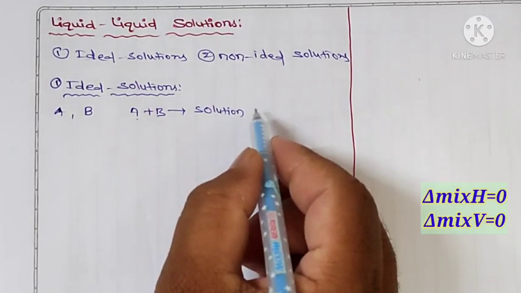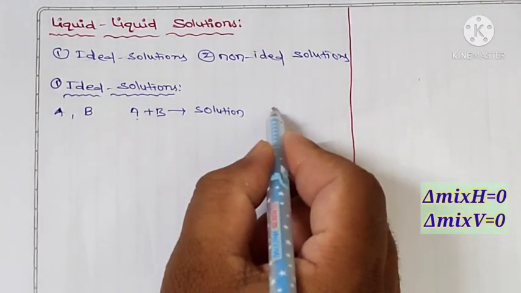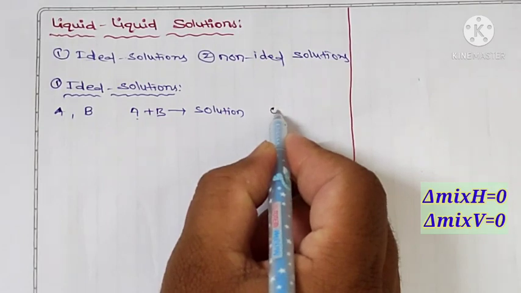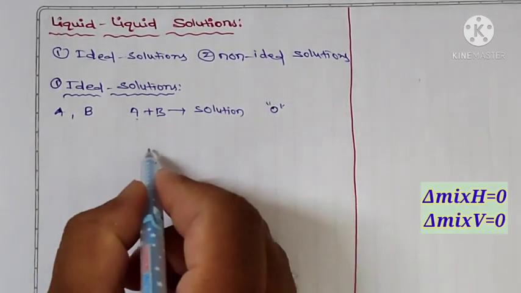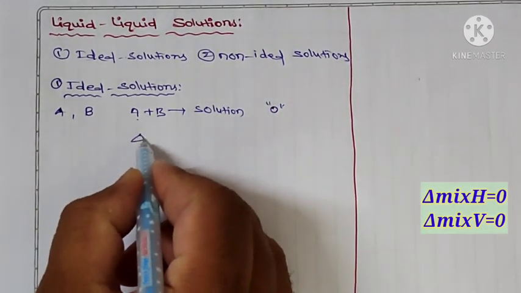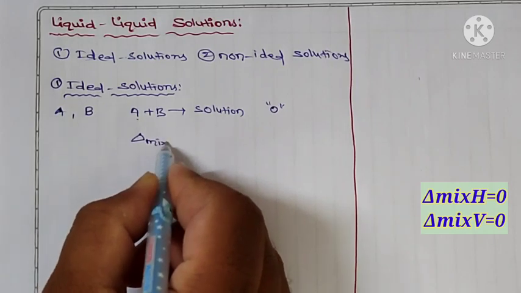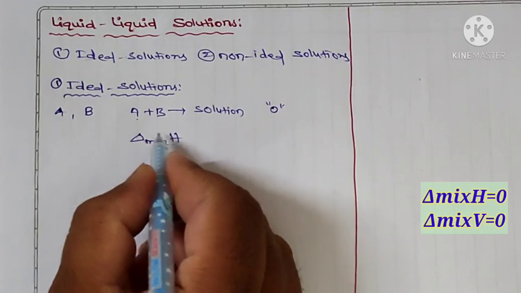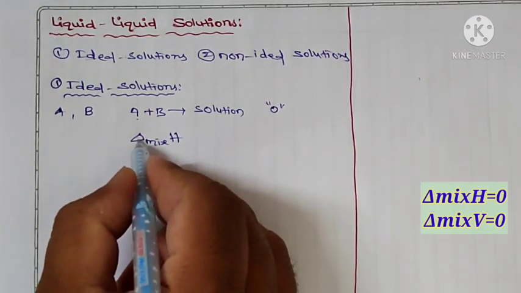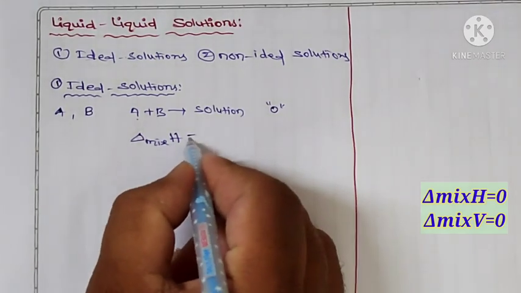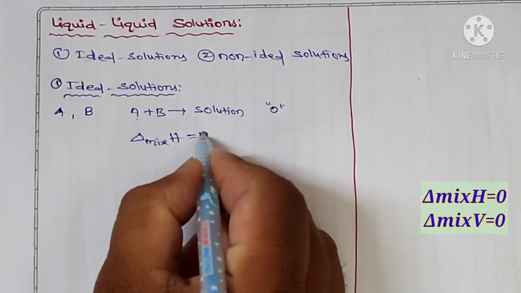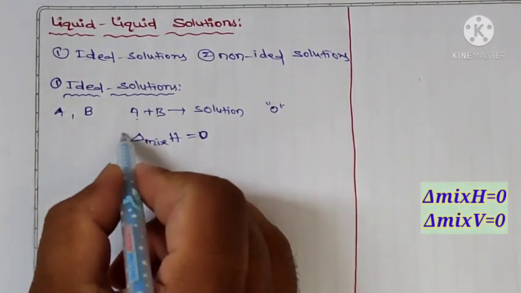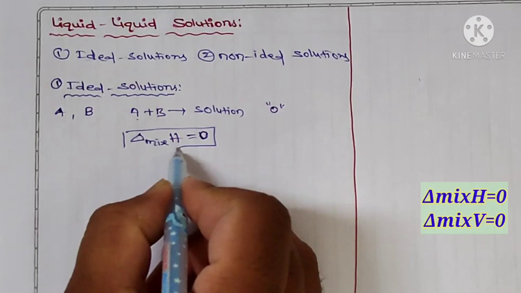The change in enthalpy will be 0. So the change in enthalpy, delta mix H, where delta H is the change in enthalpy, is equal to 0.